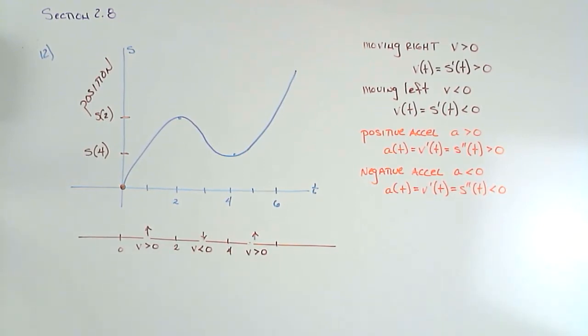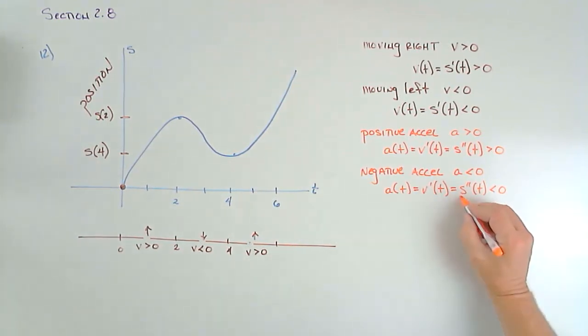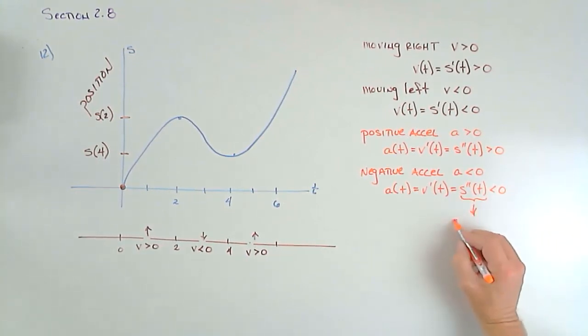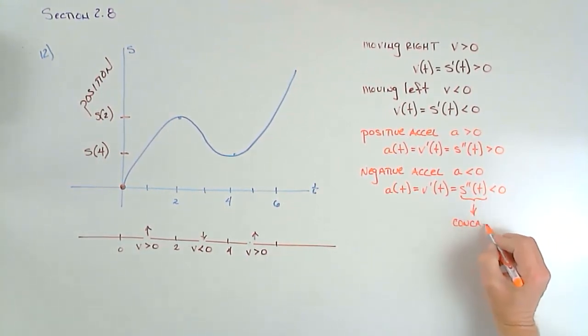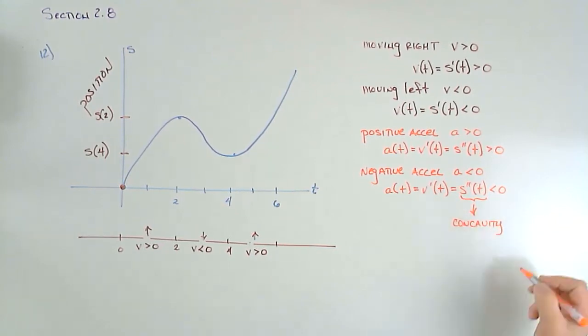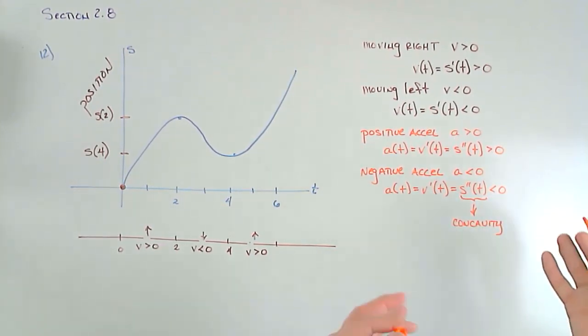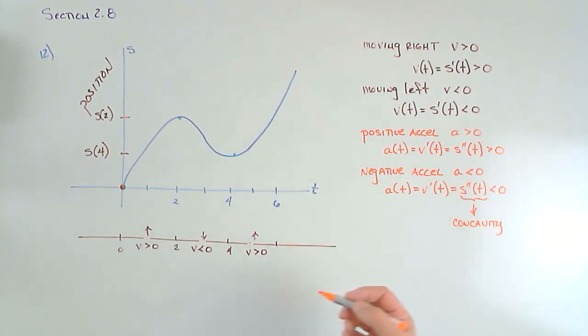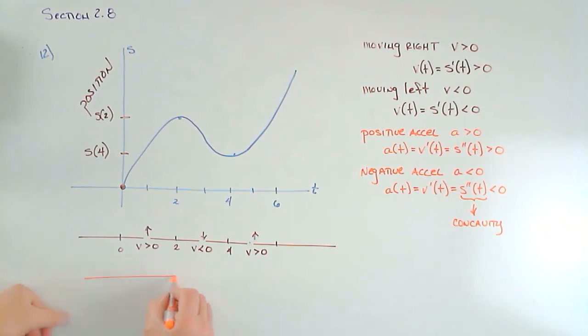Now, when they ask me about acceleration, what they're really asking me about is the second derivative. And we know the second derivative is concavity. That's our other definition. We had increasing, decreasing, concave up, concave down. So I'm going to draw another bar under here.